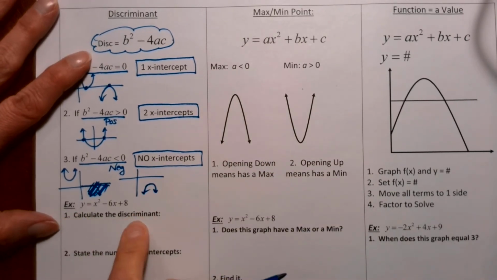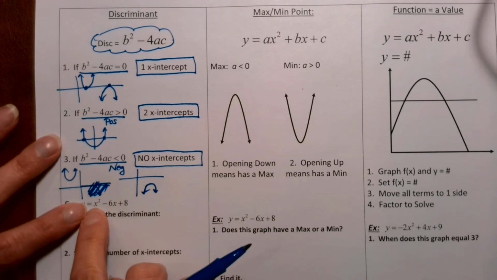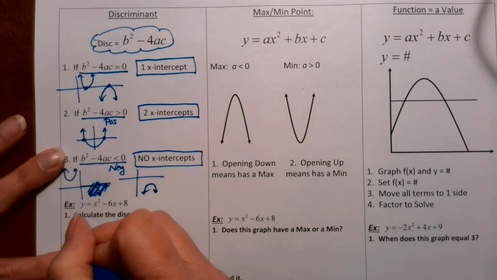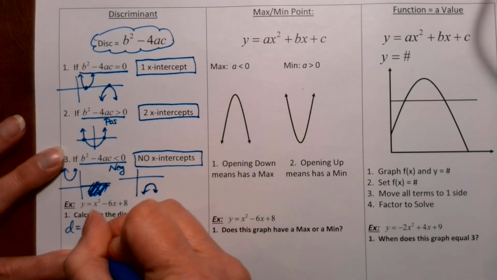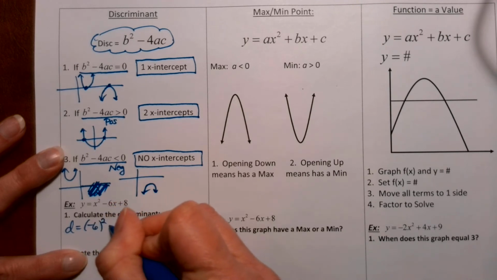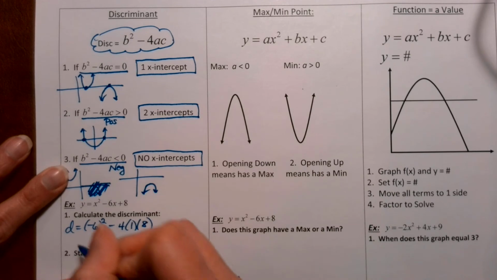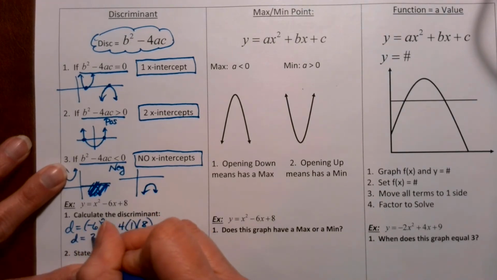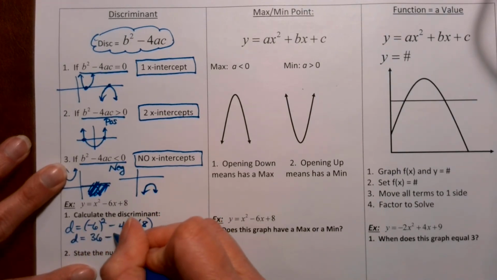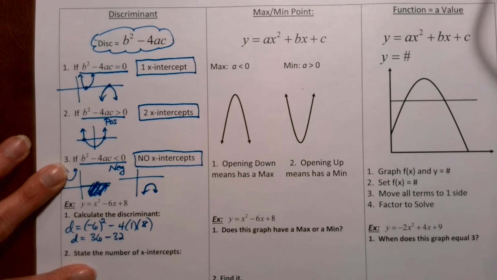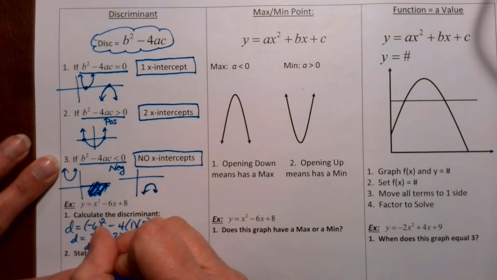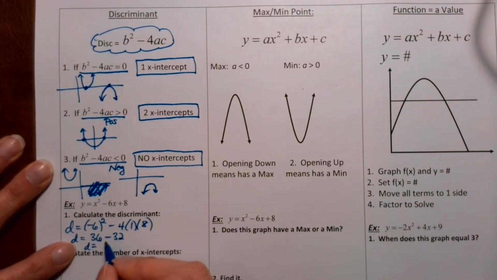Calculate the discriminant. I notice that this is a parabola opening up. The discriminant calculation is b squared minus 4ac. So the discriminant is 36 minus 32. Sometimes I don't know that number easily, but I know that it's going to come out to be a positive, and that's all I really need to know.